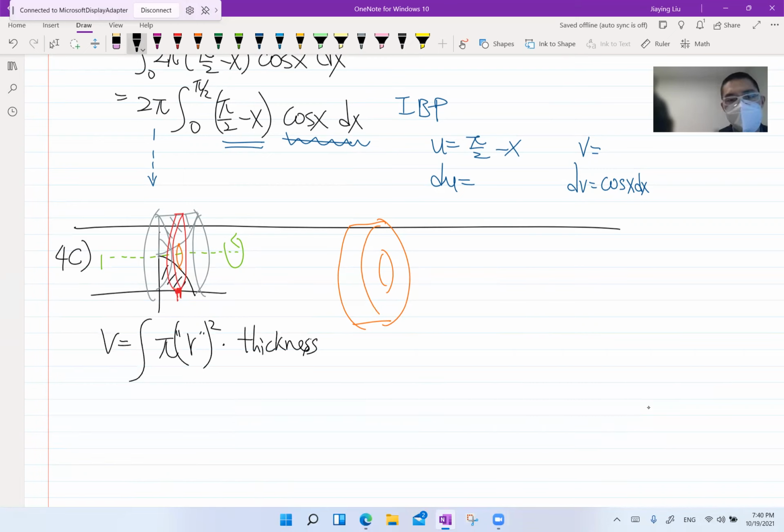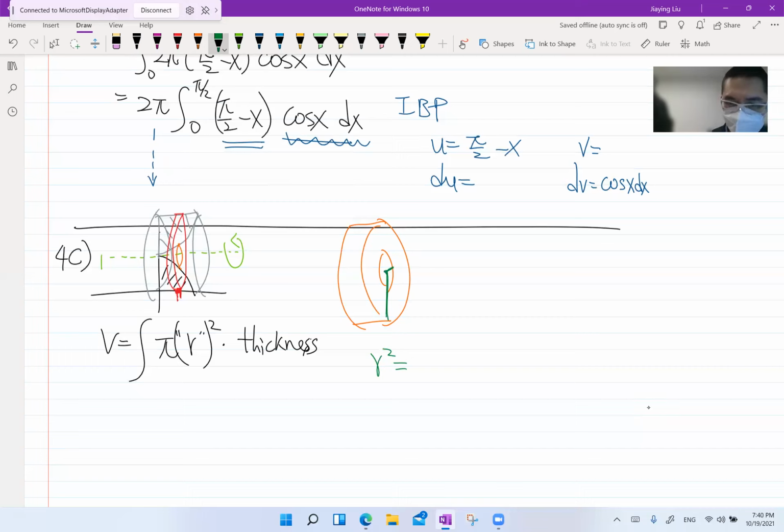But how do you find the radius? I'm going to try to use a different color to make it obvious. I should be careful. For a washer, the radius squared is actually the difference of the two radii squared. I should have made that clear in the first place.